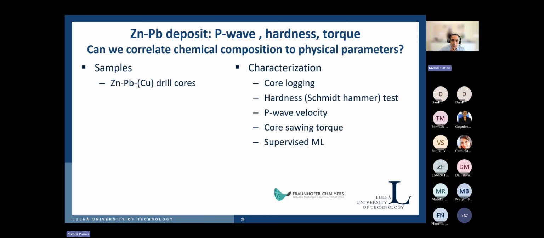And they used supervised machine learning, the random forest method, for correlating the data. The idea was to see if we could predict torque, P-wave velocity, and hardness from XRF data.